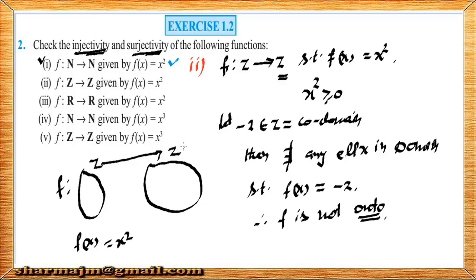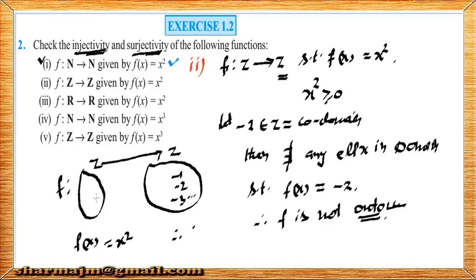But here in codomain, minus 1, minus 2, minus 3 and so on, negative integers exist. Their pre-images do not exist under f. So therefore, f is not onto.